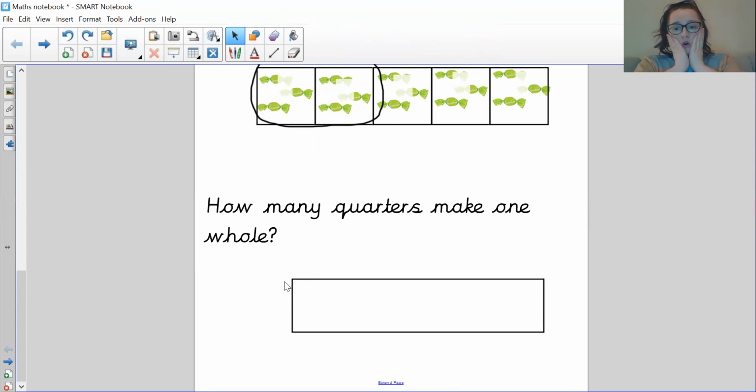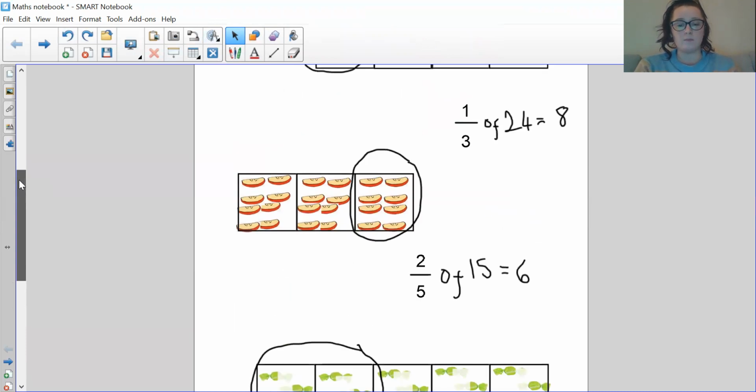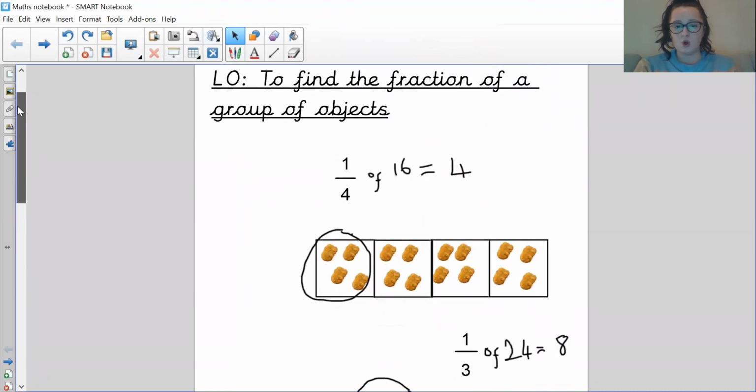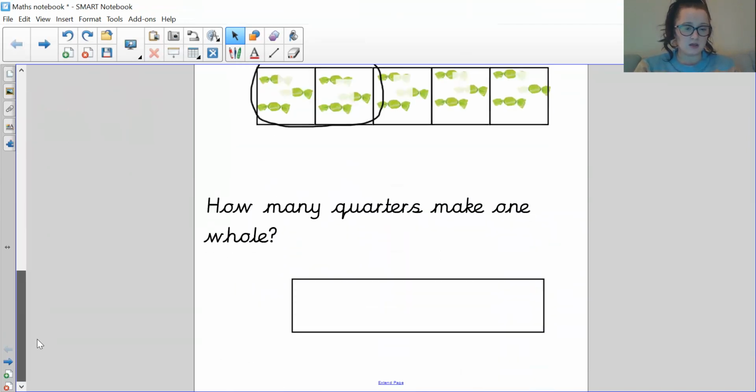Now we know that when there's a quarter, and we did this a little bit further up, let's have a look, a quarter of 16. So how many sections is a whole split up into when there's a quarter? Well, we know it's 4. So if we go further down here, how many quarters make one whole?